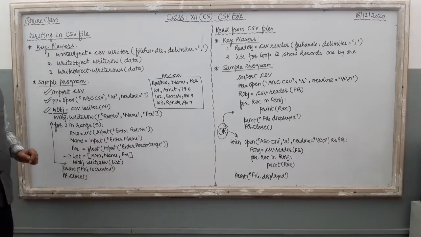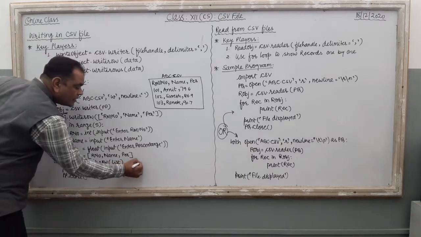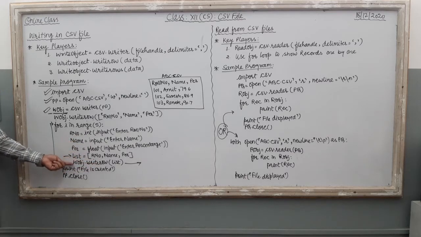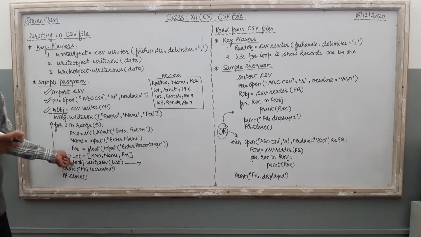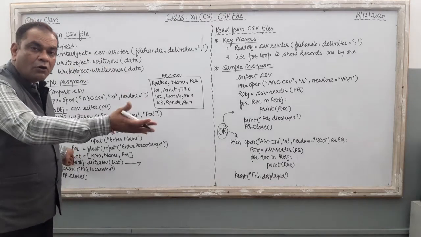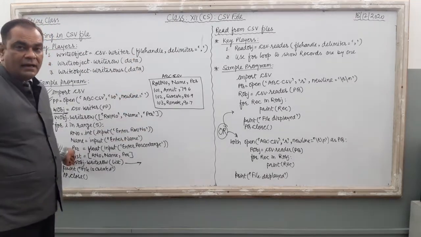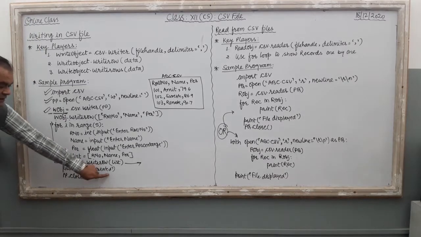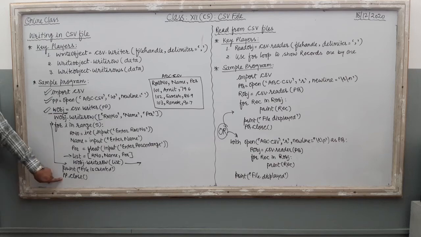What will happen now? When your computer executes this line, it will store this specific data inside the writer object wobj. And further, the writer object is going to copy it inside the file handle. Clear? Here it is our for operation, then print, file is created, one message is there, and then pp.close.